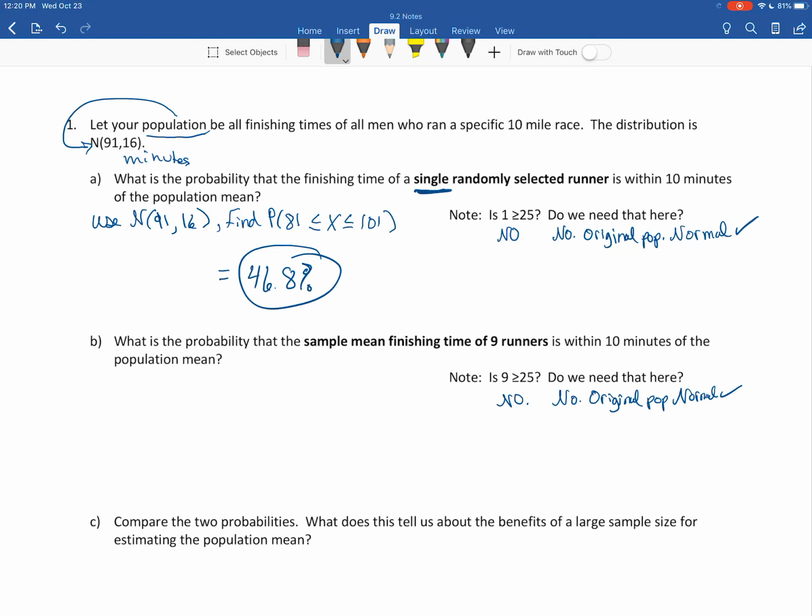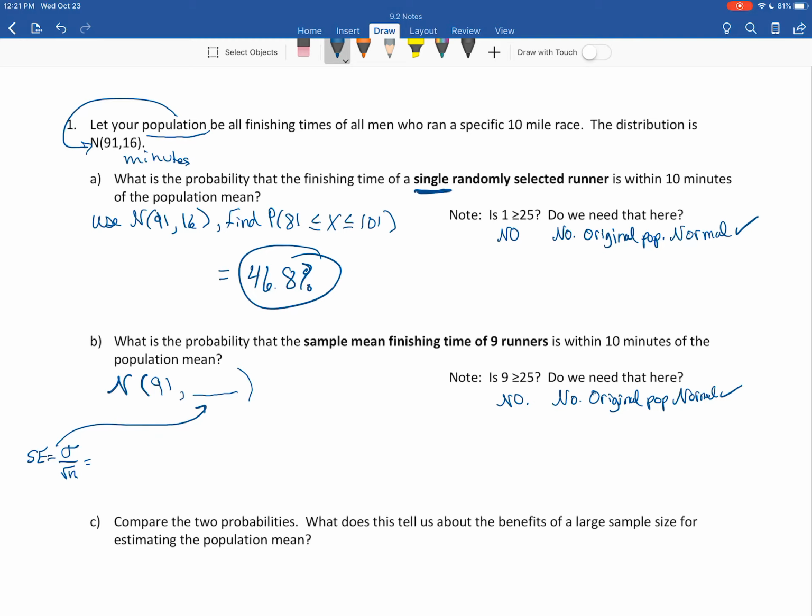Whenever we go to use our normal calculator, the mean is going to be the same, but the standard error is going to change. Anytime you take a sample size more than 1, your standard error changes, because remember, we've got a standard error formula, which is the population standard deviation over the square root of n.